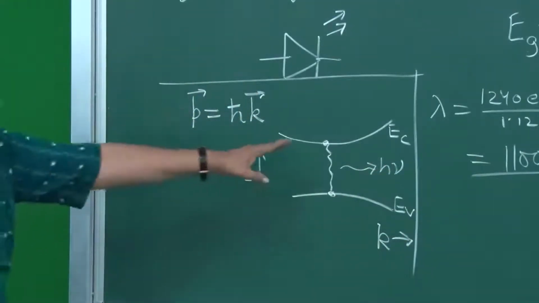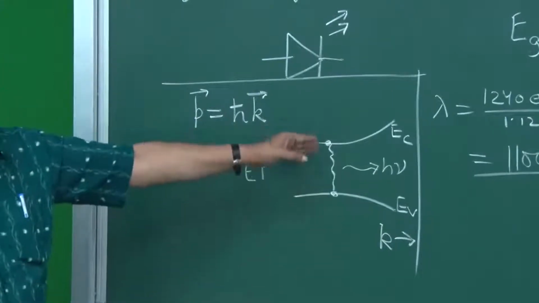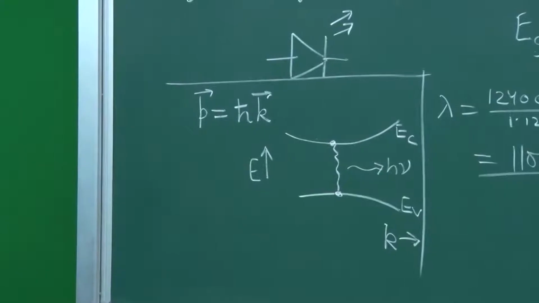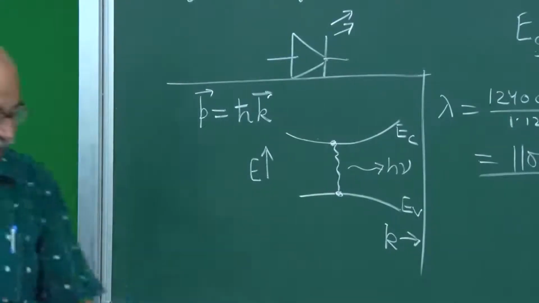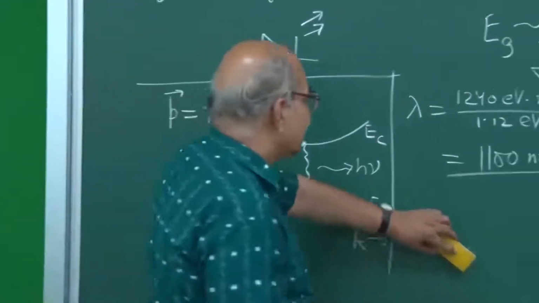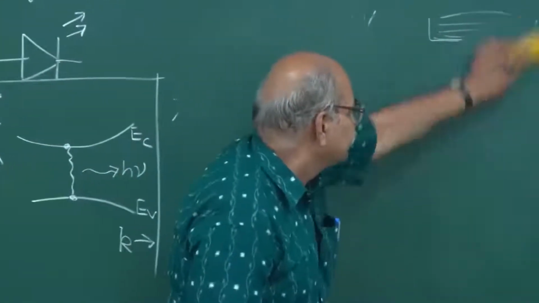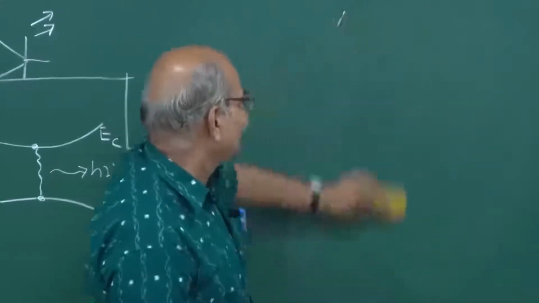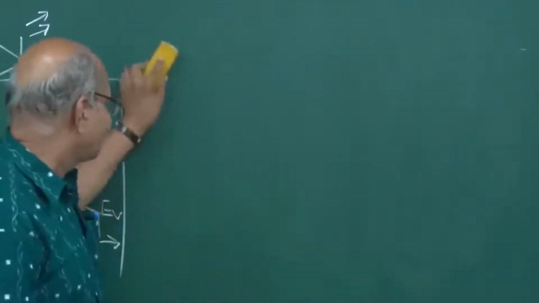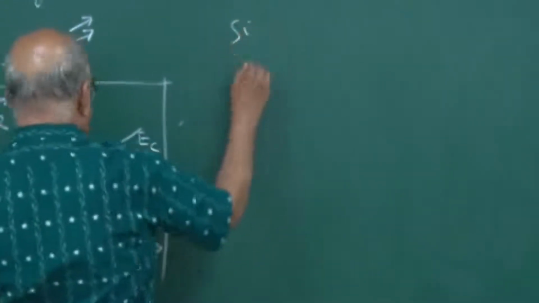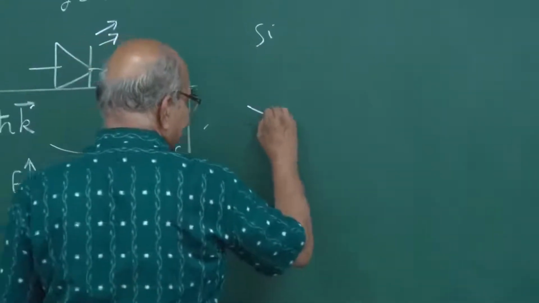But silicon band diagram does not look like this. Silicon band diagram is a little bit different. And how does it look? For silicon, the band diagram looks something like this.